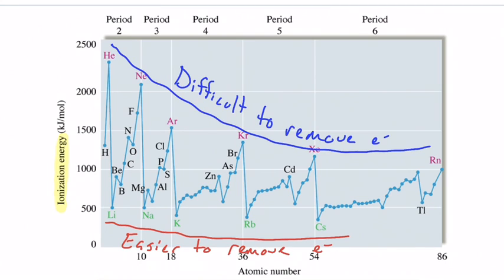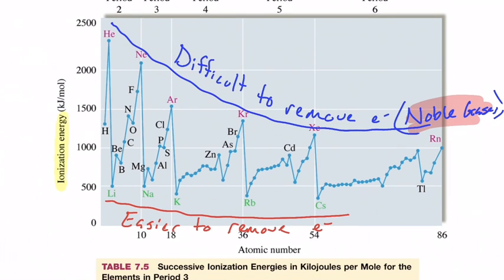So I hope that you see that these are all noble gases on the top, and these down here are alkali metals.